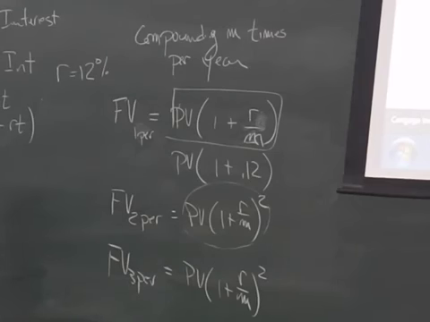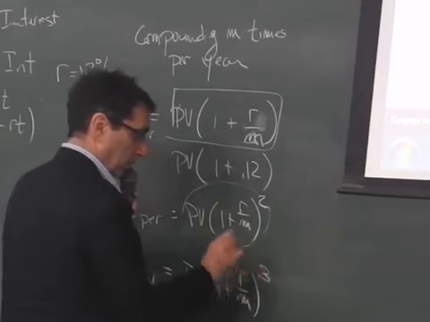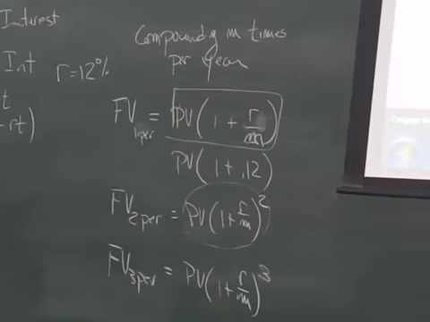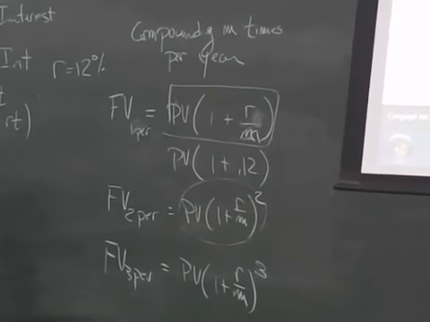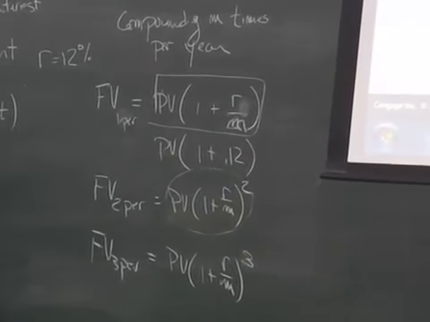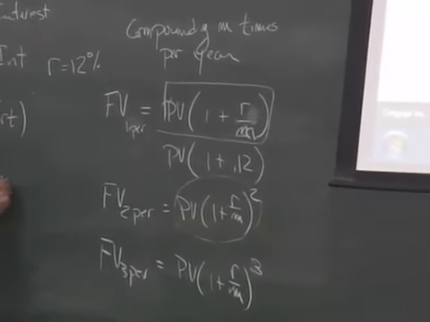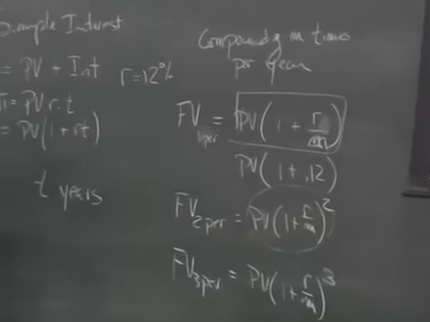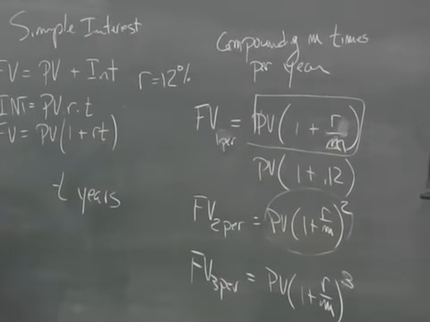And then I'm going to get interest on that, so I have to multiply that times 1 plus R over M, so what do I get now? Cubed. Okay? And I keep doing this, right? And I do this for t years. That's what I want to know. What's the future value after t years? That's the question.